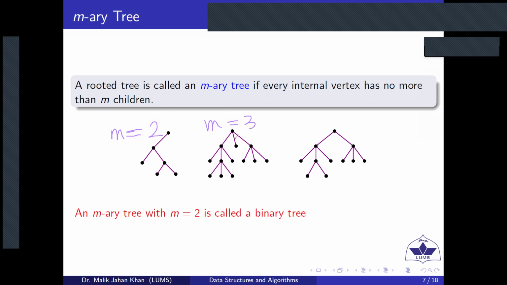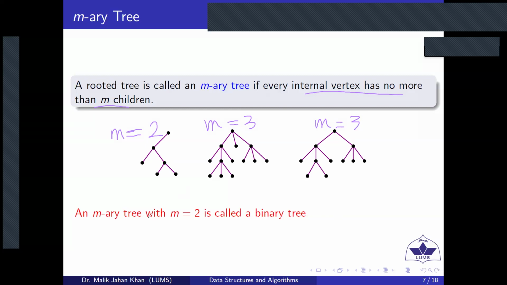Some nodes have 3 children, some nodes have 1 child here. And if you look at the rightmost tree, some nodes have 2 children, some have 3 children, and some do not have any children. So our condition is that every internal vertex has no more than m children. So m in this case is also 3, because 3 is going to be the upper limit on the number of child nodes in this particular tree.